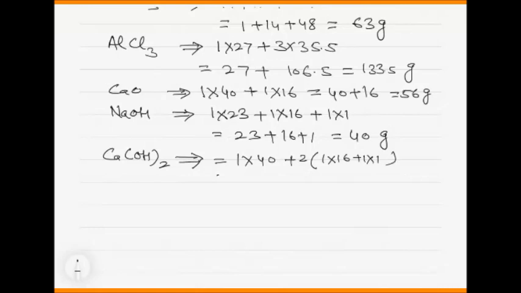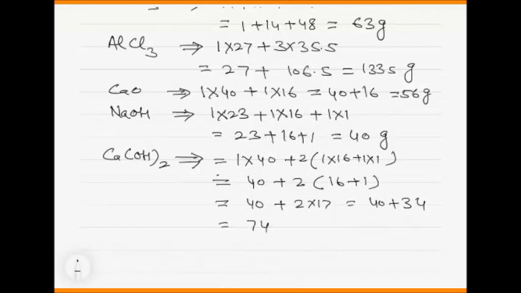So it comes out to be 40 plus 2 into 17, which is 40 plus 34. So calcium is 40 atomic mass, oxygen is 16 and hydrogen is 1. So this comes out to be 74 grams.